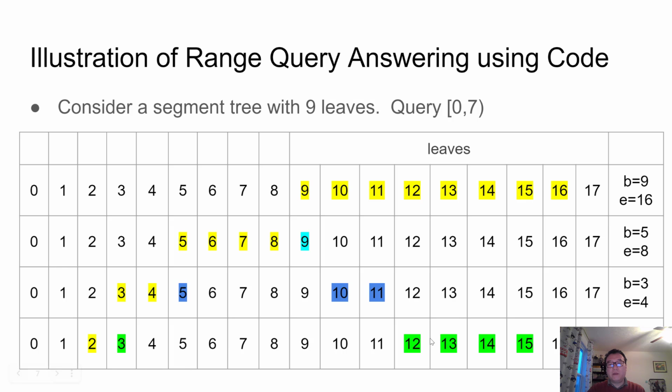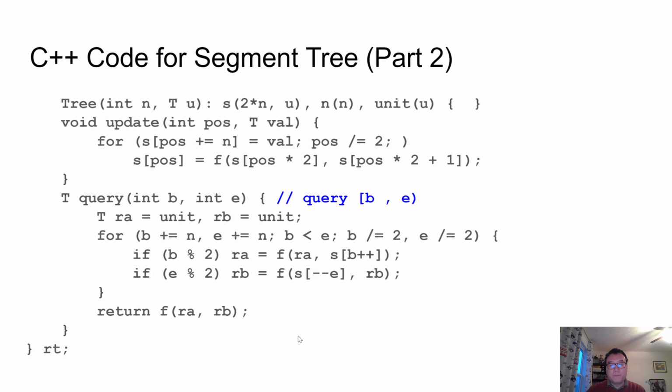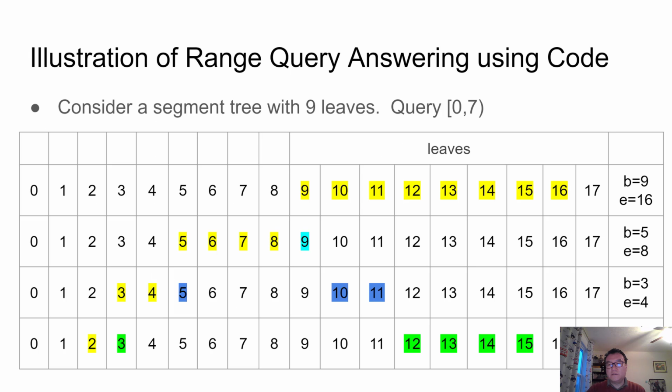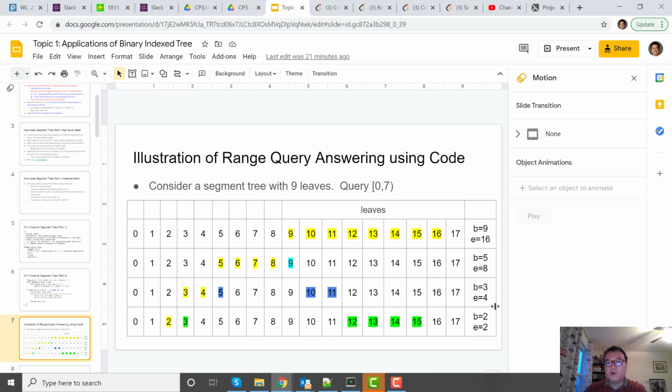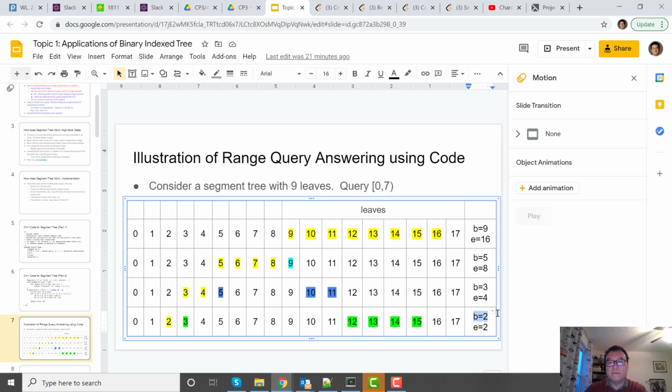So by adding 3, we are adding 12 to 15 here. And then after we do that, we add 1 to B, so B equals E, and then the loop simply stops.